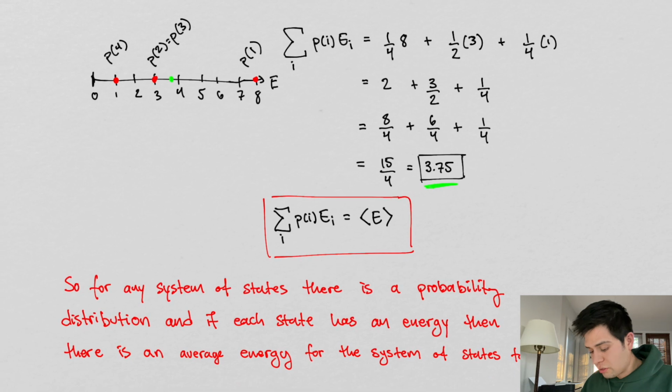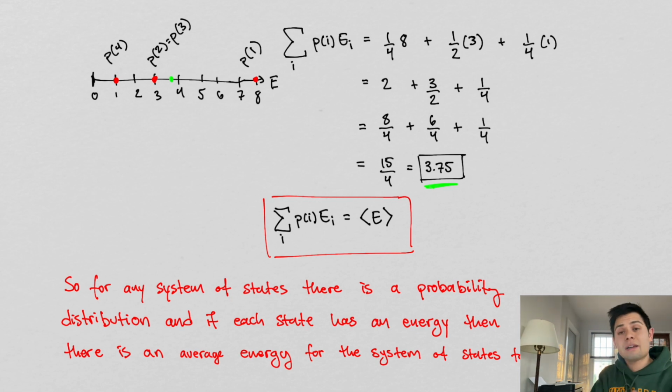So this is the general principle here: for any system of states, there's a probability distribution. That's what we were talking about initially in our first 2 videos. And each state has an energy attached to it with a particular number. It doesn't even have to be an energy.